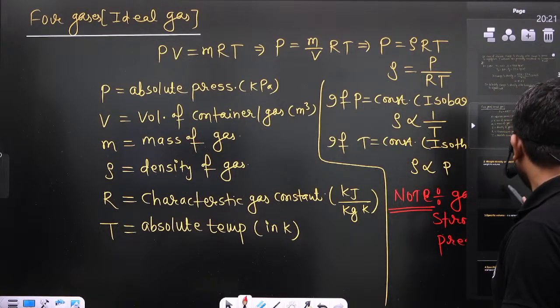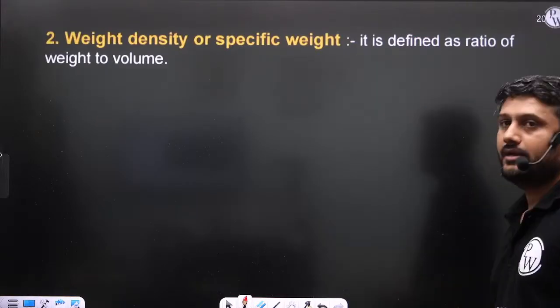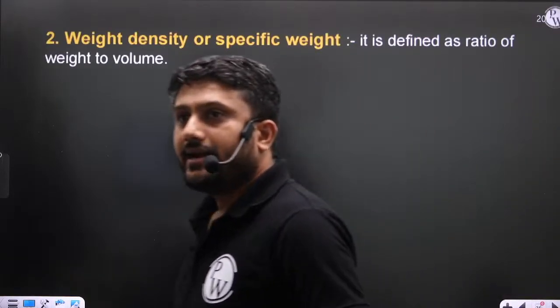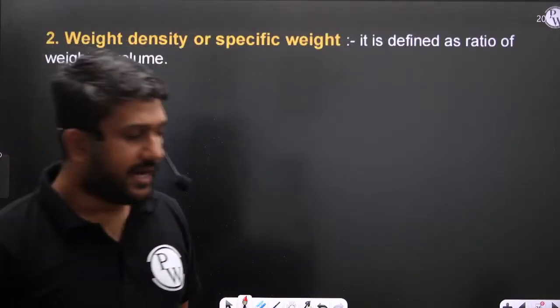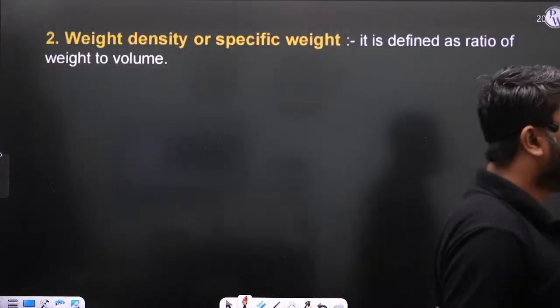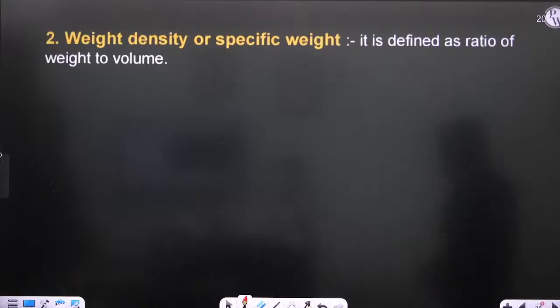Okay, now come to the second property, and the second property is weight density or specific weight.